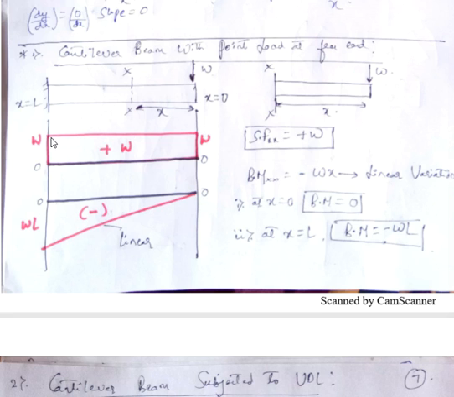So it is a horizontal straight line and the value is W. Okay, this is how we get shear force diagram for cantilever beam subjected to point load W. The shear force is constant and the value is W, because only one force is applied.